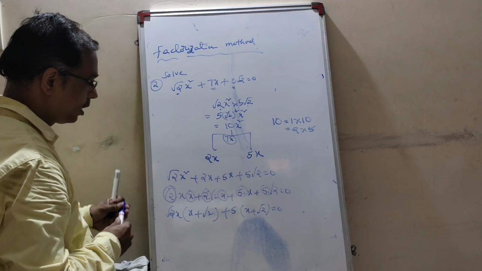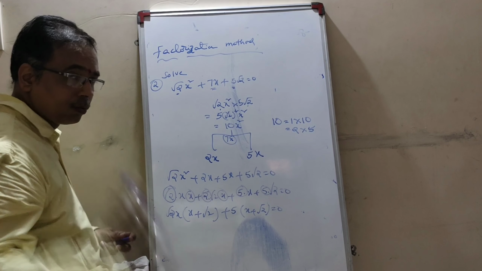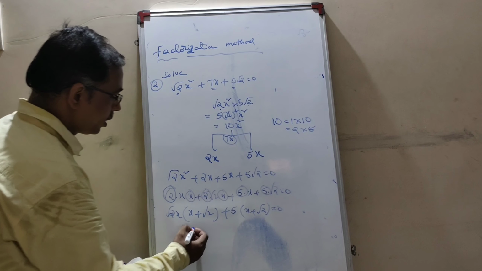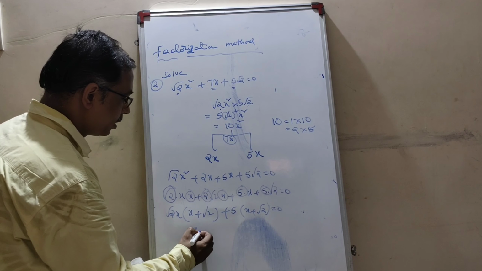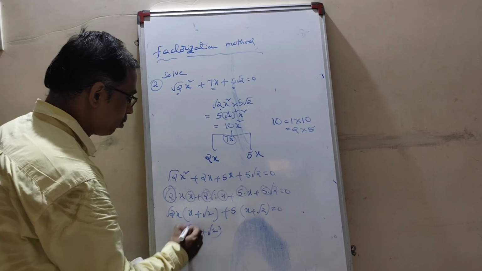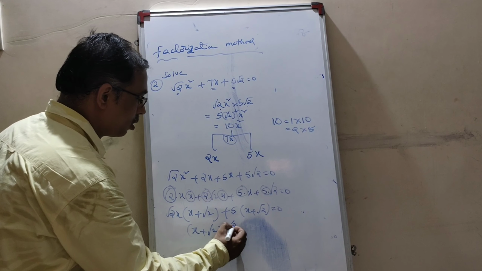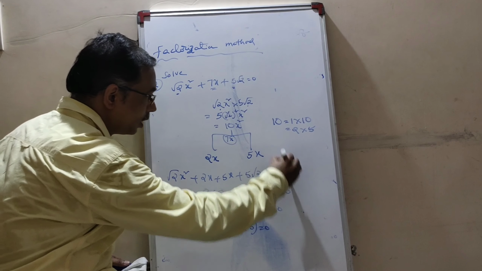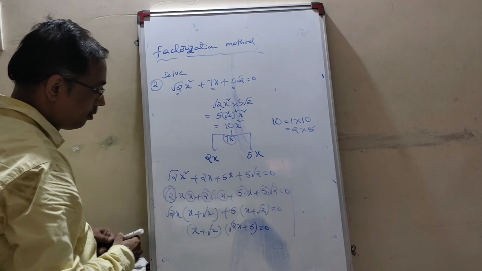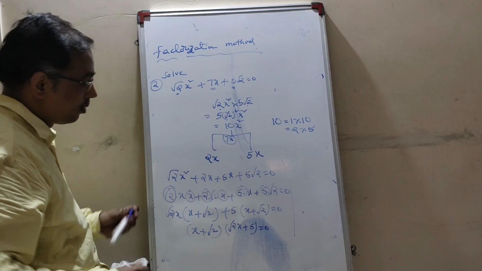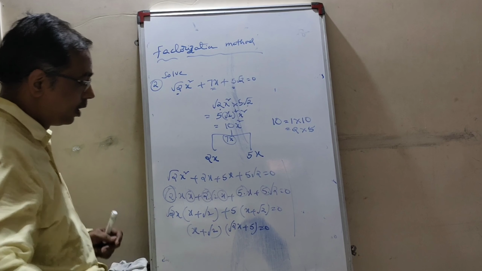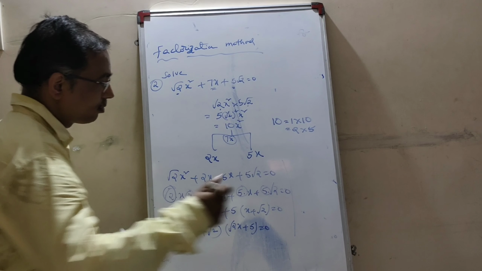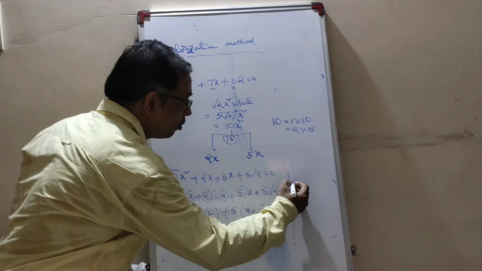And overall we can take common x plus root 2. So we can write it as x plus root 2 into root 2x plus 5 is equal to 0. Then we can write x plus root 2 equal to 0 and root 2x plus 5 equal to 0.